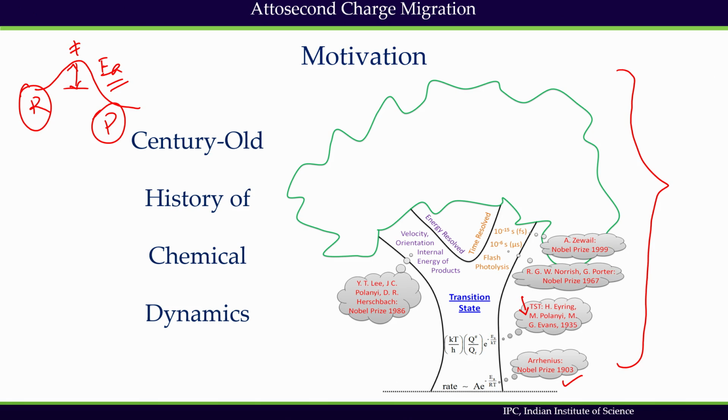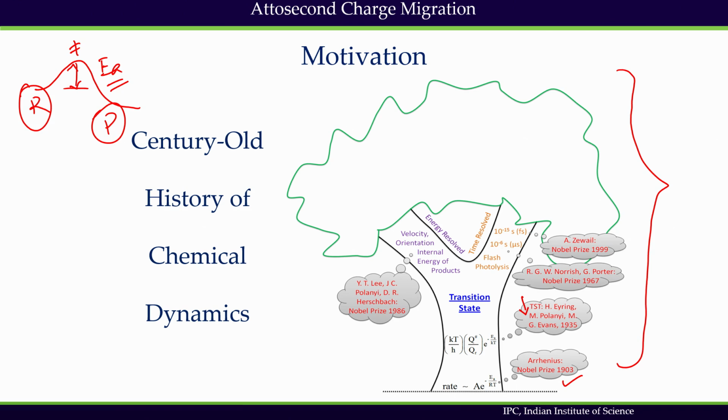So, in 1935, when we realized this idea that one normal mode is actually involved in the reaction at the transition state, at the activated complex, we immediately realized what would be the time scale based on which we can operate a time resolved study.